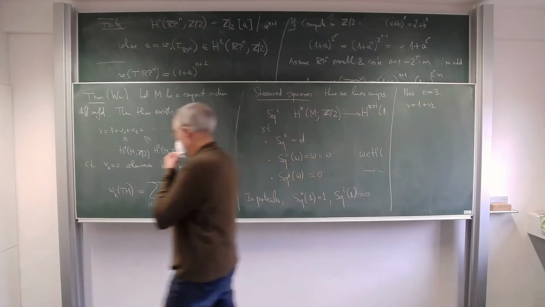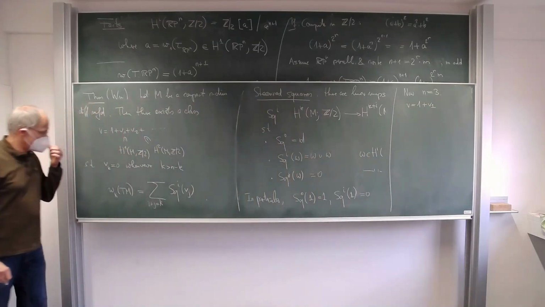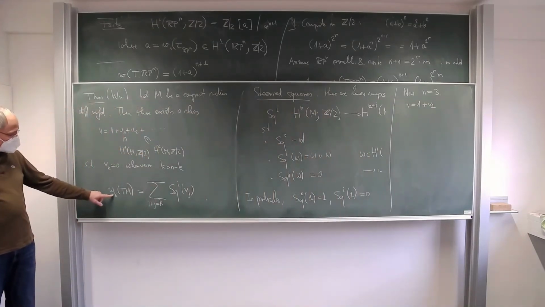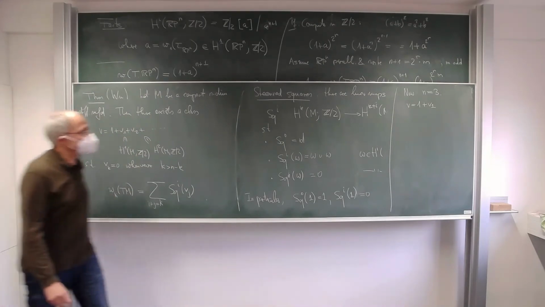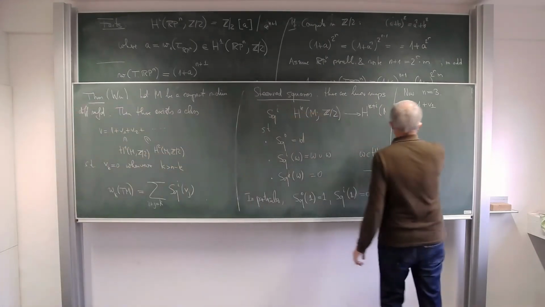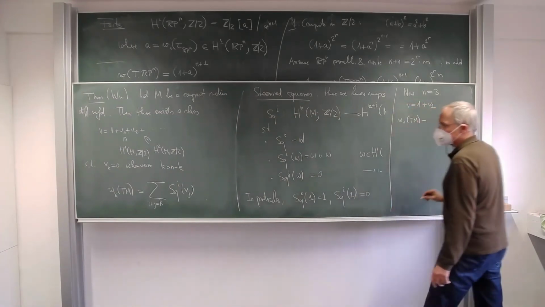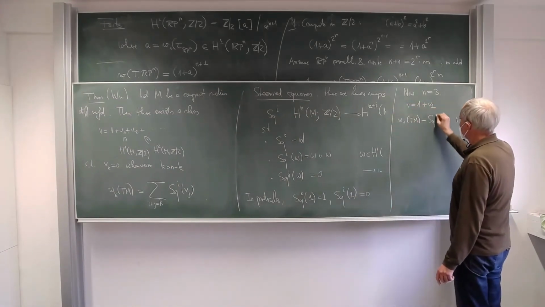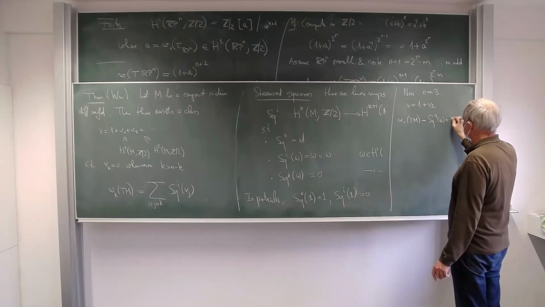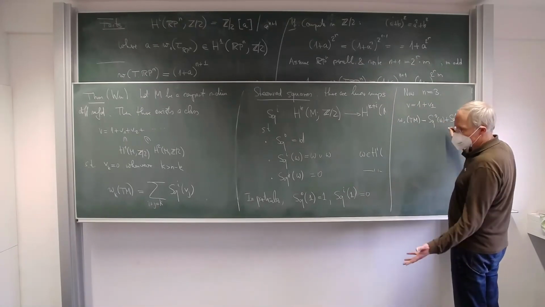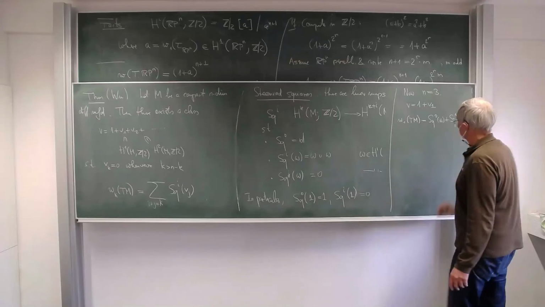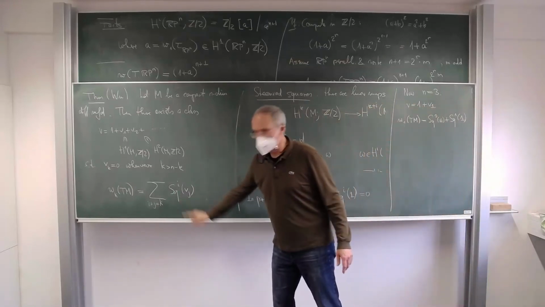Now, let's see what this tells us for the Stiefel-Whitney classes. Let's compute w1. w1 of the tangent bundle is equal to Sq^0 of v1 plus Sq^1 of v0, which is 1. Right? So there are only these two terms here.